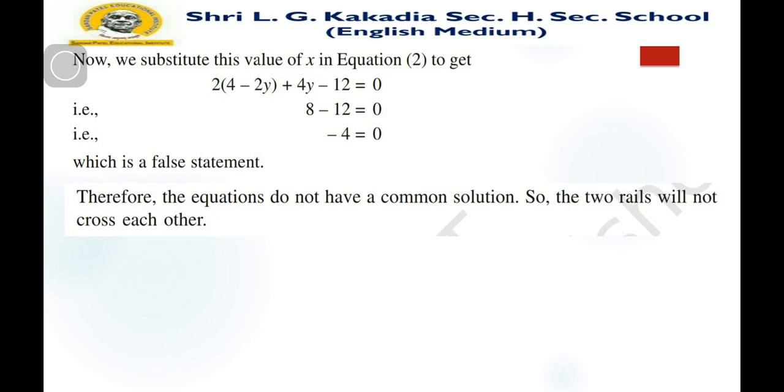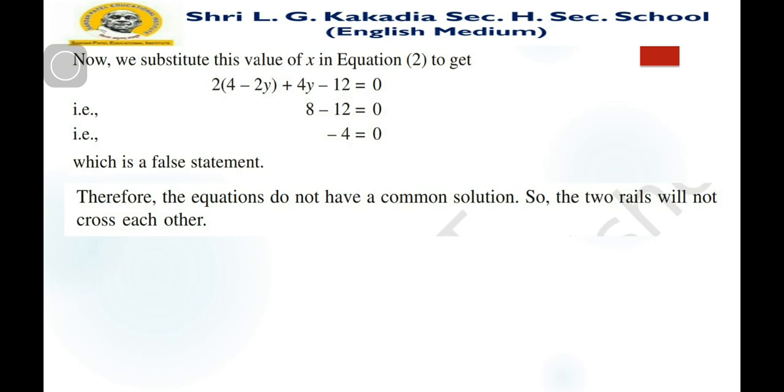In example number 2, we find 18 is equal to 18, meaning both lines are coincident lines, so it has infinite solutions. And in the last, we find minus 4 is equal to 0, which is not possible, so we cannot find the solution of the given equations, because both lines are parallel to each other, so we cannot find a common solution.